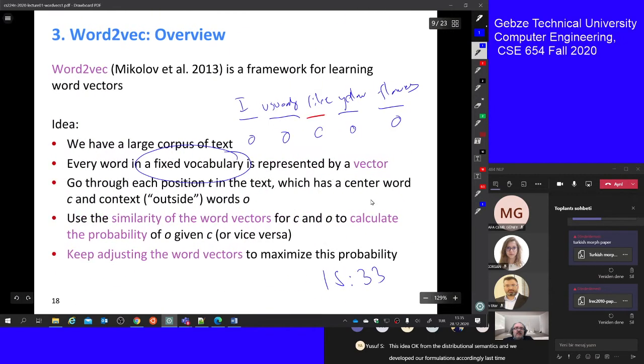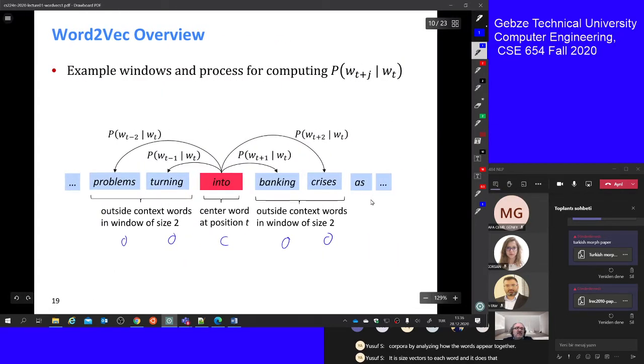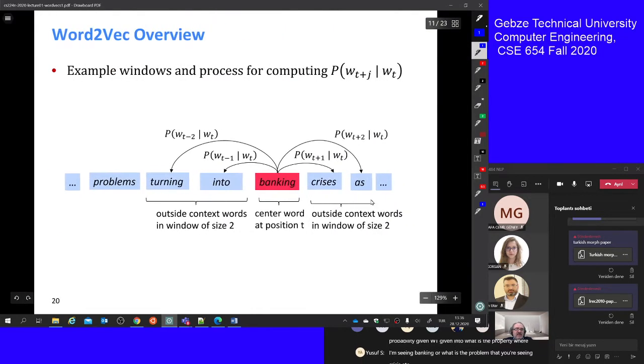And we said that word2vec is one of the examples of doing such a thing: given unlabeled corpora, by analyzing how the words appear together, it assigns vectors to each word, and it does that using this probability, P(w_t+j given w_t), what is the probability of seeing banking, or what is the probability of seeing crisis, etc. That's what we said.